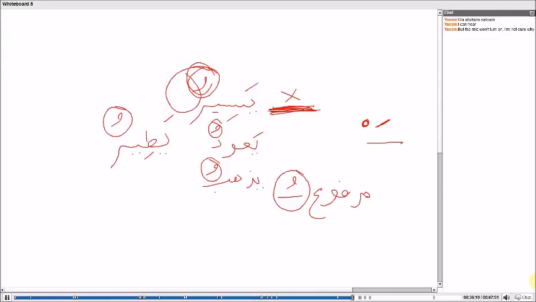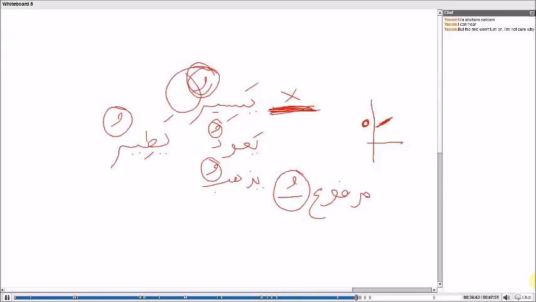You just have to memorize: an, lan, idhan, and kay make it mansoob, whereas lam, la, and in make it majzoom. Easy?